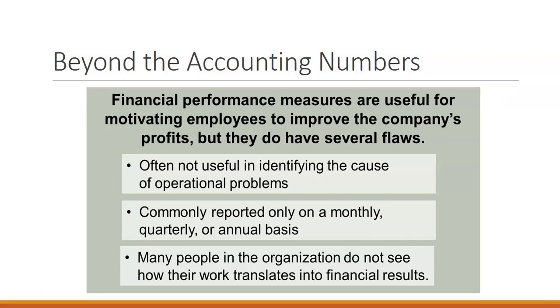So not every employee gets to see exactly how their work connects to financial performance measures such as financial ratio analysis and stuff like that. It's not always easy to connect the dots between what a person is doing on a daily basis and what the company's results are as a whole.